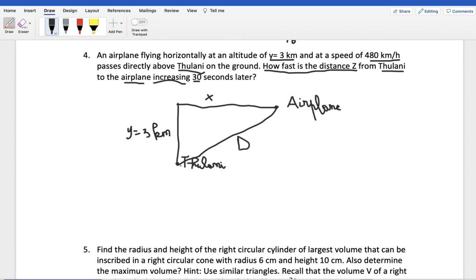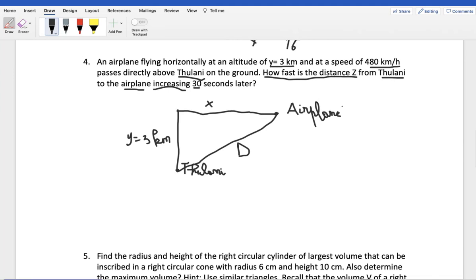And we can call the distance between Tulani and the airplane d, and d is the distance that we are looking for. They called it z, so let's call it z for better understanding.